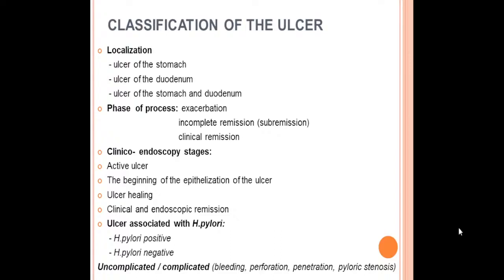Or a more serious example of diagnosis: ulcer of the stomach, period of exacerbation, clinical endoscopic stage, beginning of epithelialization of the ulcer, Helicobacter pylori positive, uncomplicated. This is simpler, with a more positive prognosis for the patient.